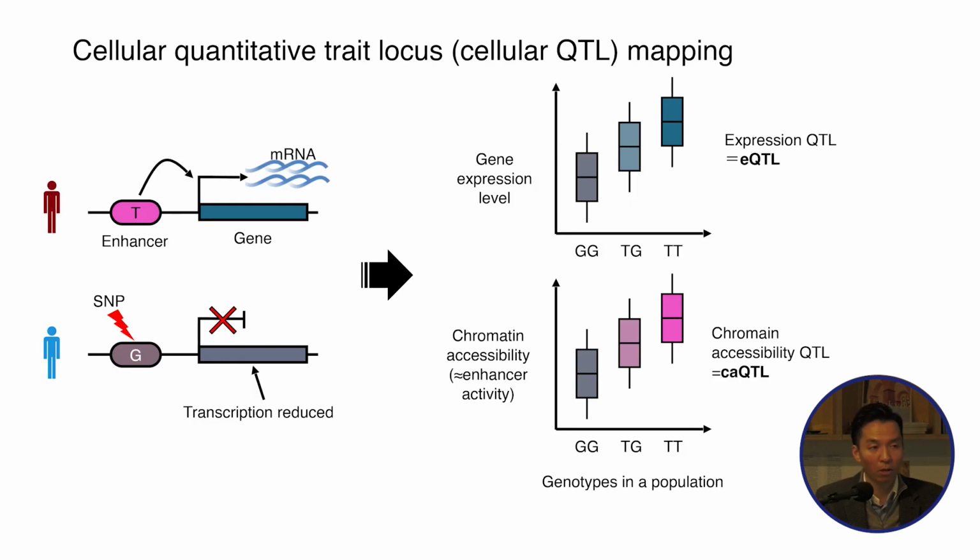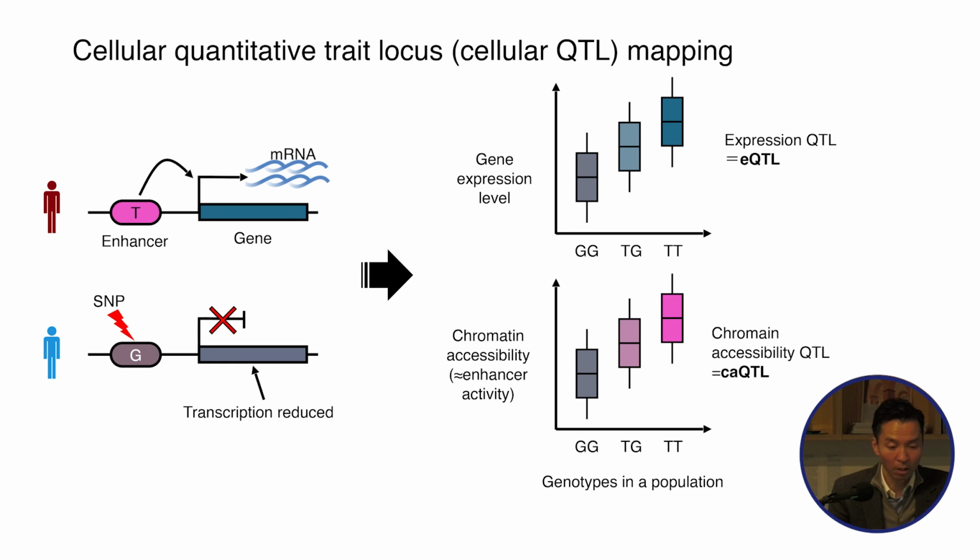So you can now imagine that if there is a SNP in the enhancer region, those SNPs tend to disrupt the transcription factor binding motifs, which often reduces the transcription, or sometimes the SNP mutation stops the transcription.